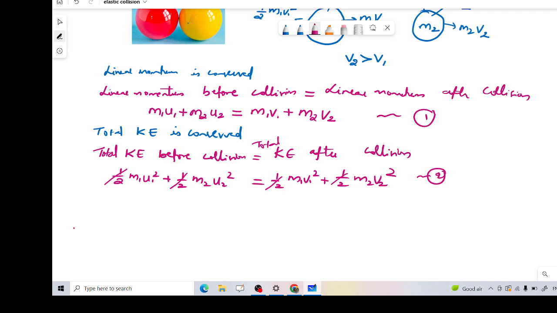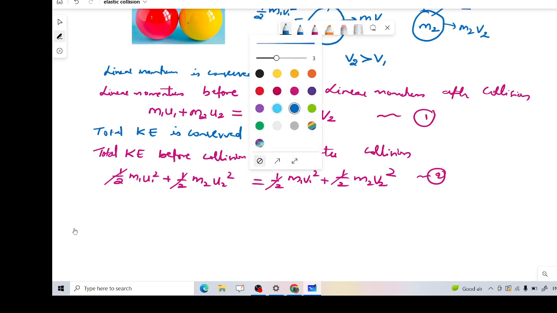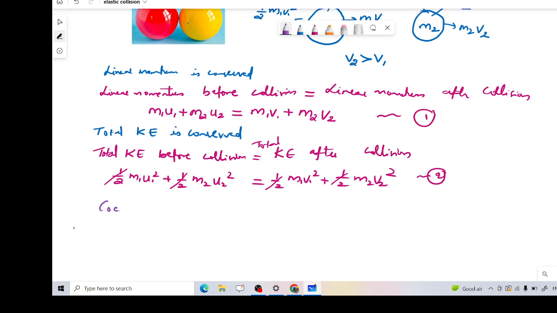There is one more new concept to study this, that is the coefficient of restitution.